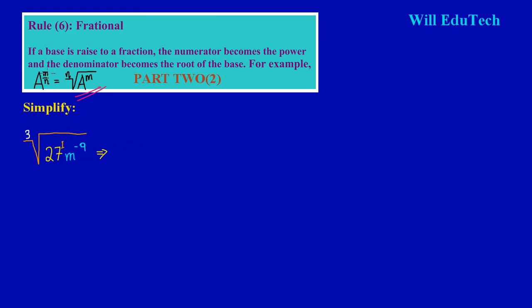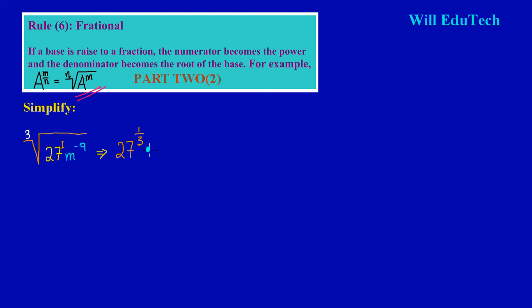So in writing this as a fractional index, I would have 27, and since 27 is raised to the first power, the 1 would go in my numerator, so I would have 27 to the 1 upon 3, and the 3 would go in my denominator. Since 27 is multiplying m, I'm going to use the raised dot as my multiplication sign.